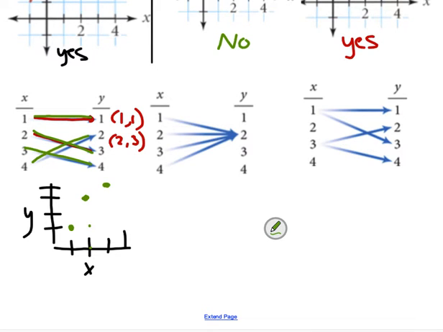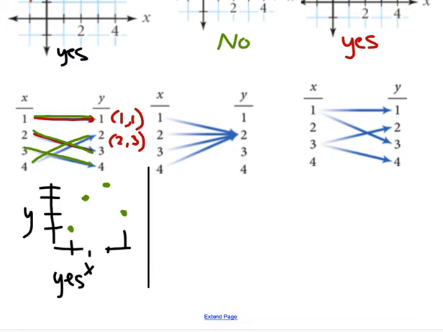And when x is 4, y is back down to 2. So when I have those points, then I can really easily see that it passes the vertical line test. That vertical line only ever hits one point. So this one, you could definitely say yes, it is a function.